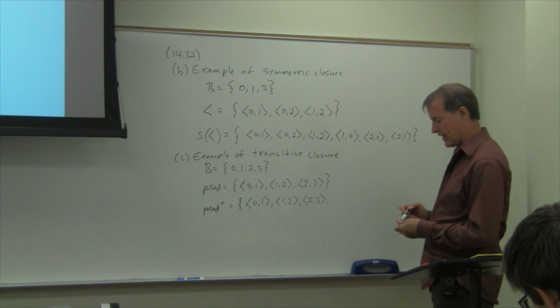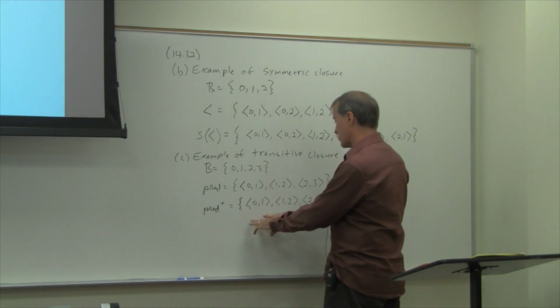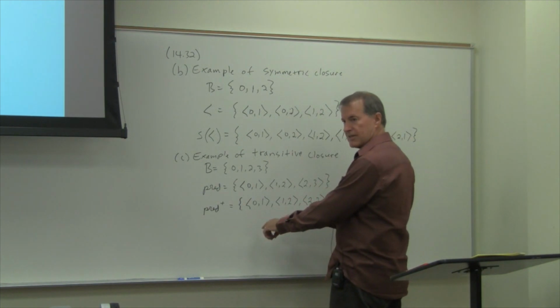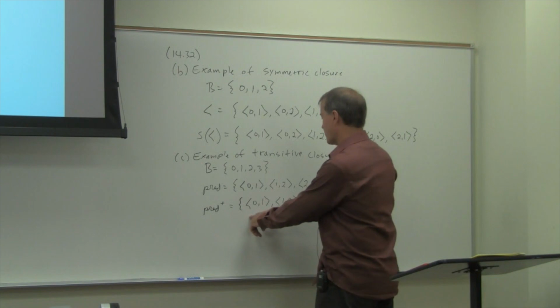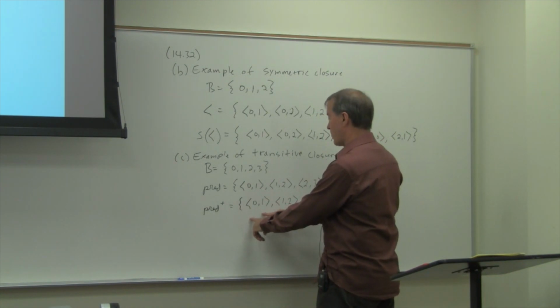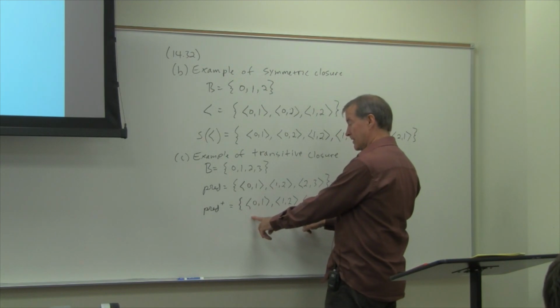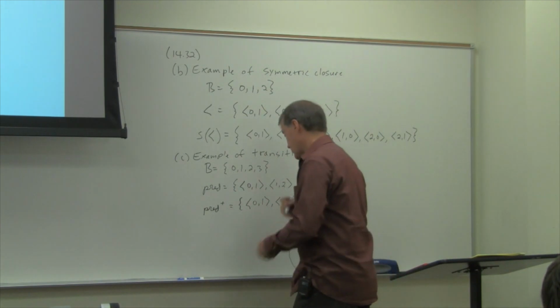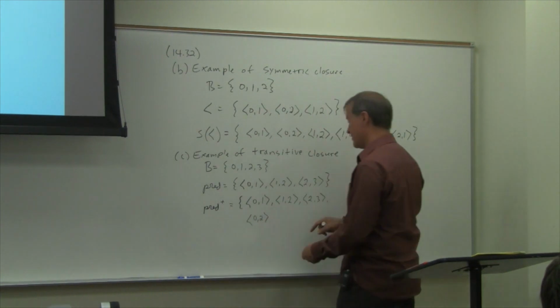What we have to do is look at all of these and search for a 0, 1 and then a 1, 2. If we have a 0, 1 and a 1, 2, in order for it to be transitive, we have to have a what? A 0, 2. Are you with me?